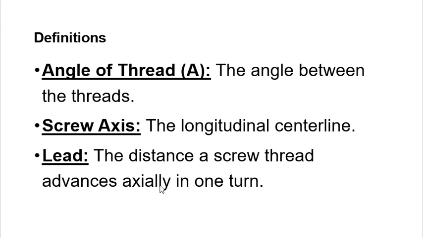And lead is another distance. It's just the distance that you go one helix up. So every thread you go one helix up, up, up, all the way to the end of the threading feature in your fastener, and we call one turn of the helical, or one turn of the thread axially, a lead.